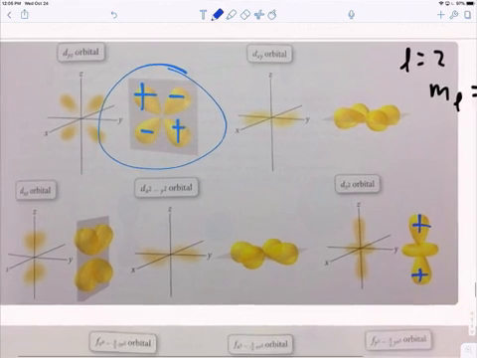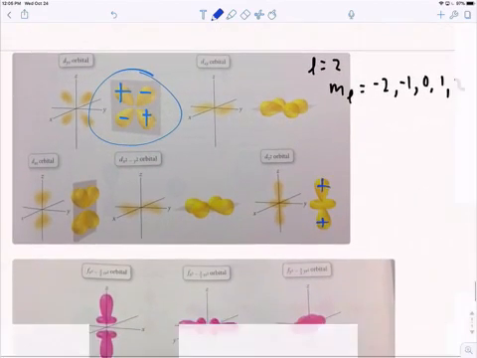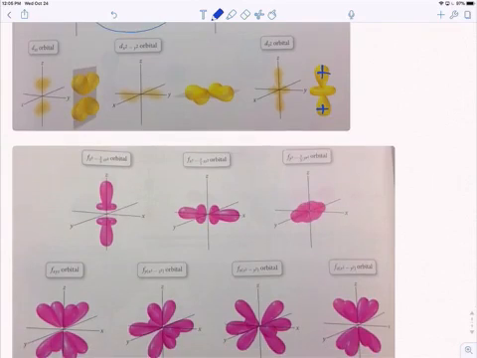Then you have the dx squared minus y squared orbital and the dz squared. These two are important because that's where metals bond. They bond with these 2 orbitals, at least most of their bonding. You can bond in other ways, but the simple bonding happens along these orbitals.